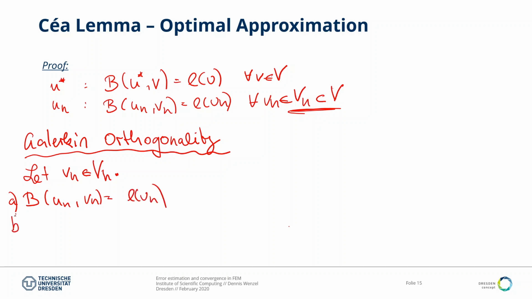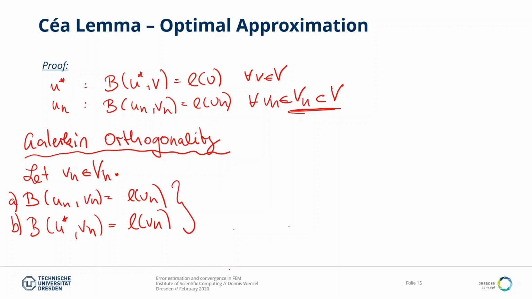And then furthermore, we also know that the same thing is also true for our U star, because VH is a subset of the bigger space V, and this is true for all V. Okay, so we can do that same thing also for VH, for U star.